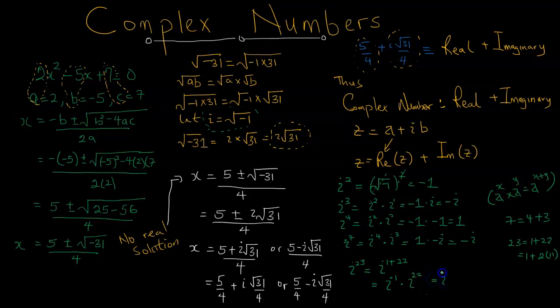So this is i raised to the power of 1, that's i. Now 22 is 2 times 11, so this can be written as i squared raised to the power of 11. I know what i squared is. i squared is negative 1. So this is negative 1 raised to the power of 11. Now, negative 1 raised to the power of an odd number is just going to give negative 1. So this is just i times negative 1, and this is negative i.